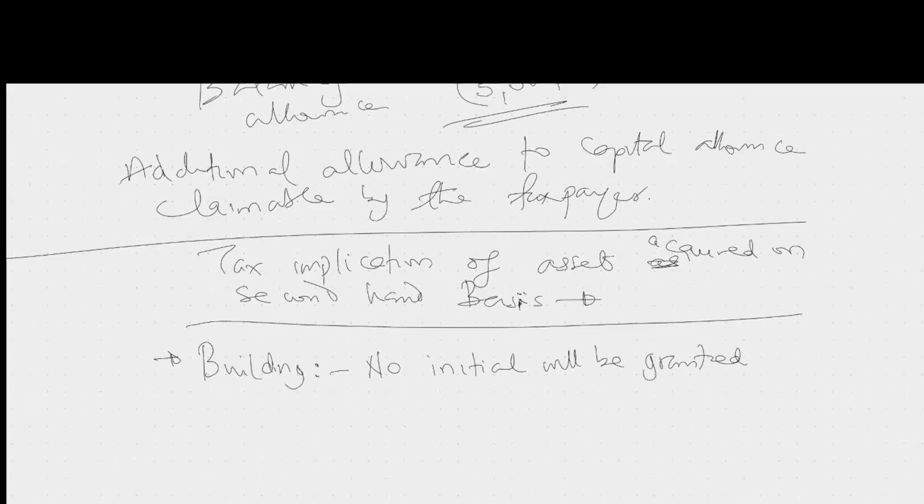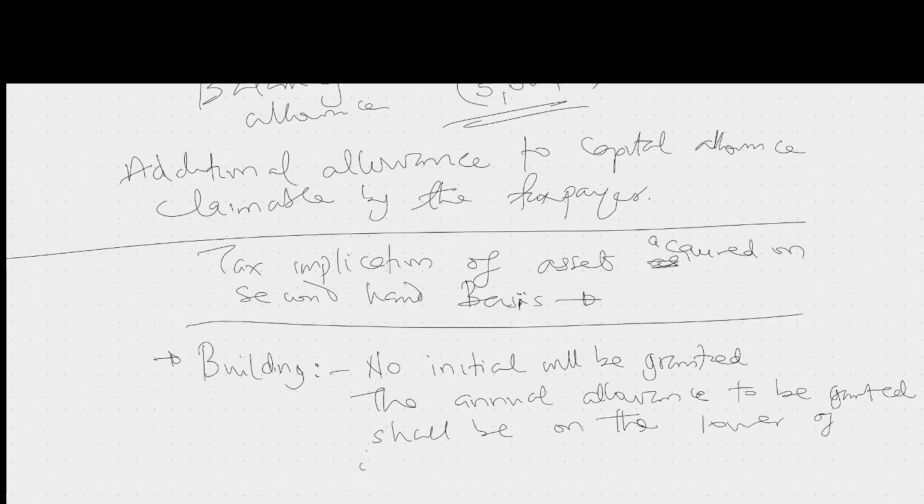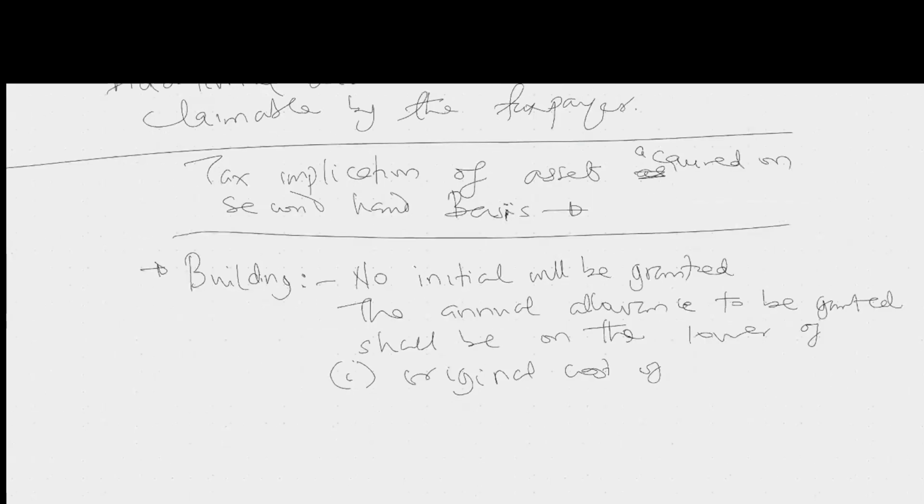The annual allowance to be granted shall be on the lower of one, the original cost of the assets and two, the new purchase price.